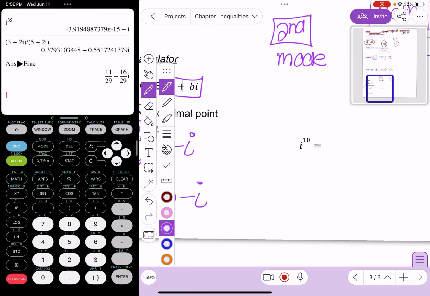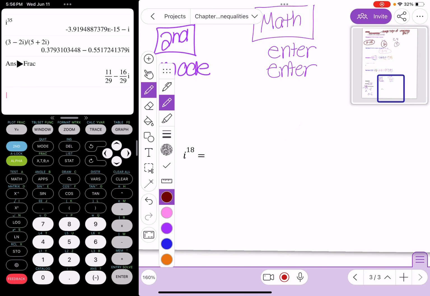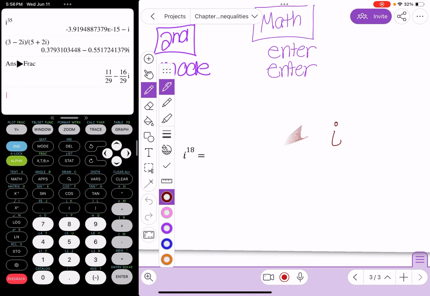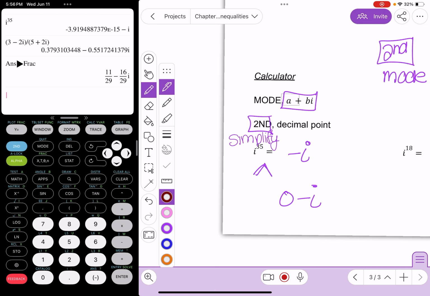Powers of i. So i will always fall into a pattern. It will always reduce to either i, negative i, 1, or negative 1. No matter what the exponent is, it will always reduce to one of those four. Now, in the calculator, sometimes it'll look like it did up here, where it's that really big thing with E negative 15.